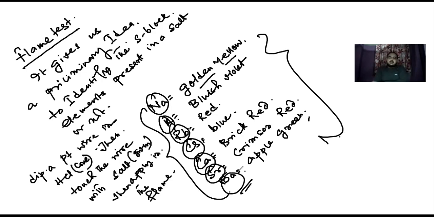Okay, but these are not the confirmatory test. As an example, when you see barium, it shows an apple green color, but this is not the confirmatory test.